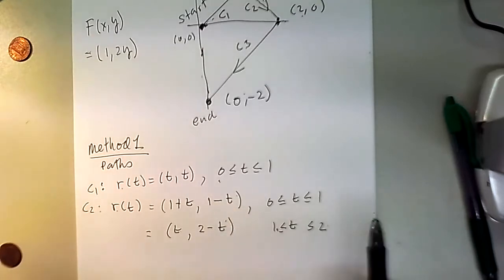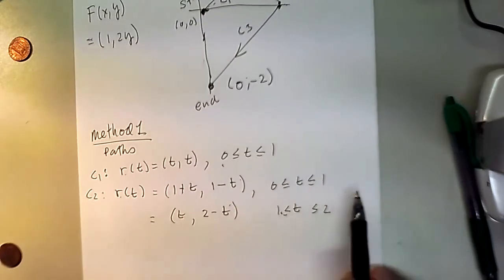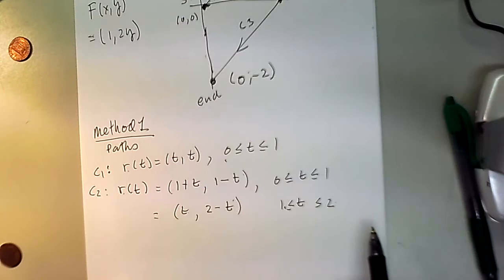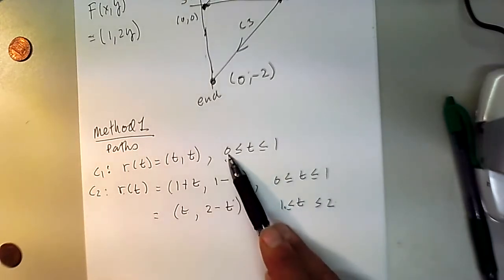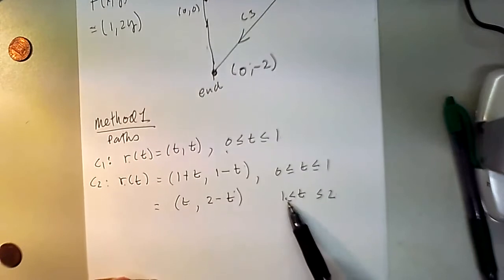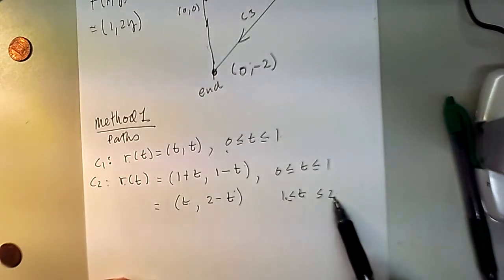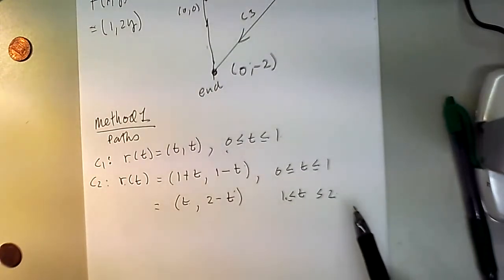So bear in mind there are many ways to parameterize a path. I'm not going to use the second one, although some people will say, well, if time goes from 0 to 1 second, don't you want the time to go from 1 second to 2 seconds? Well, yes and no necessarily.